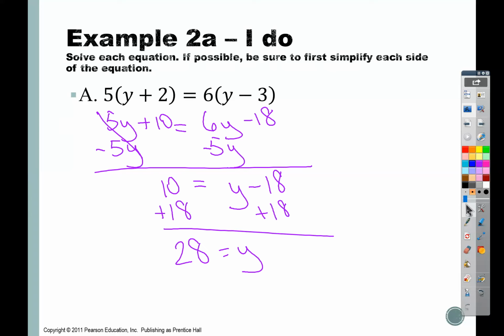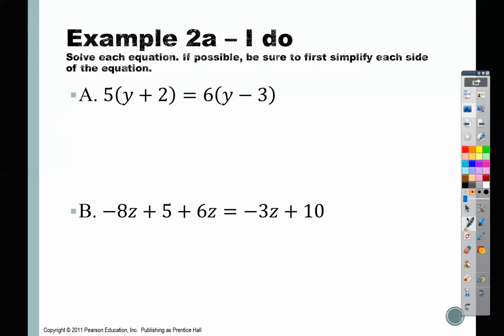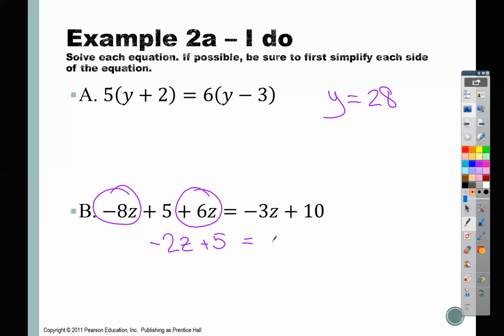Okay. Now, next, B. We got y equals 28 for A. In B, let's combine like terms before we start moving stuff to the other side of the equation. So I've got negative 8z plus 6z, which would be negative 2z plus 5 equals negative 3z plus 10.